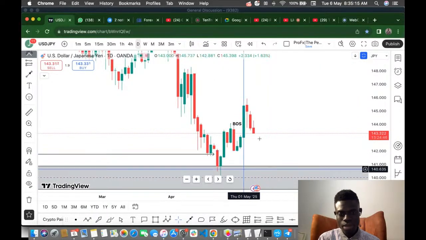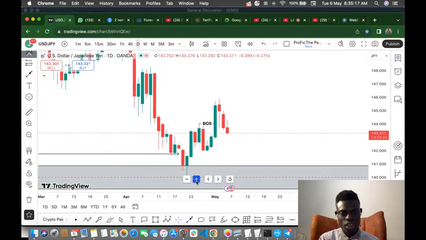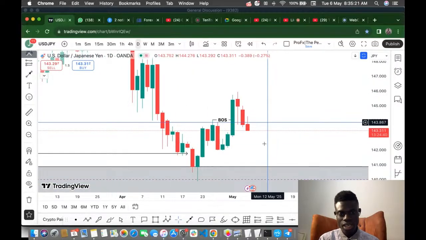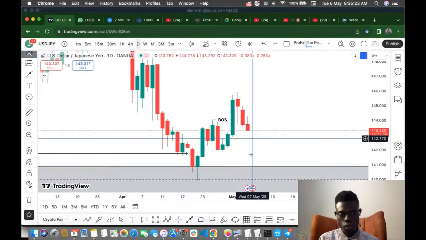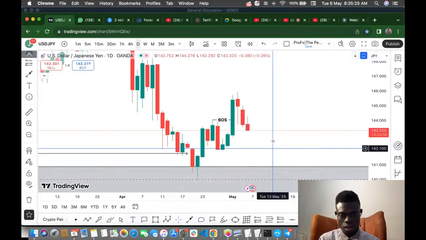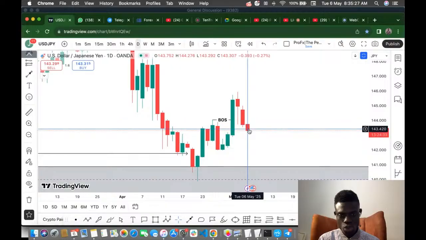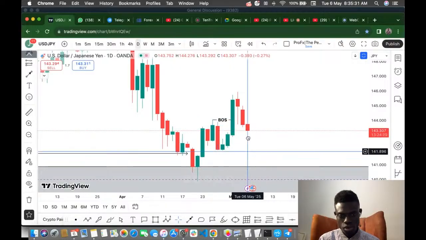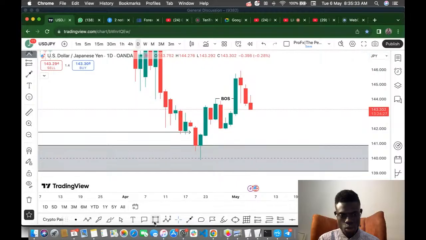What I'm seeing here now on USD is that USD might have a drop more. 1, 2, 3. Break of structure, inducements, drop more to come to this base.